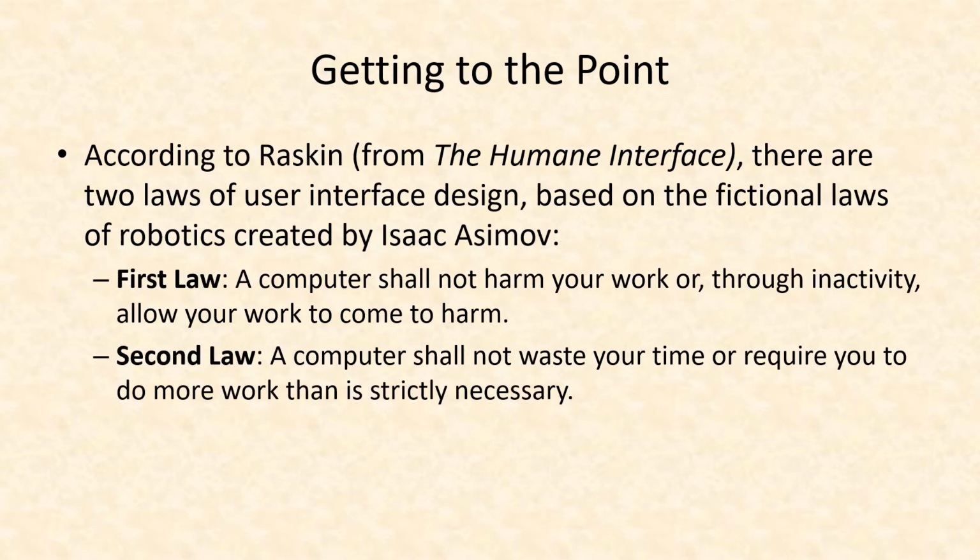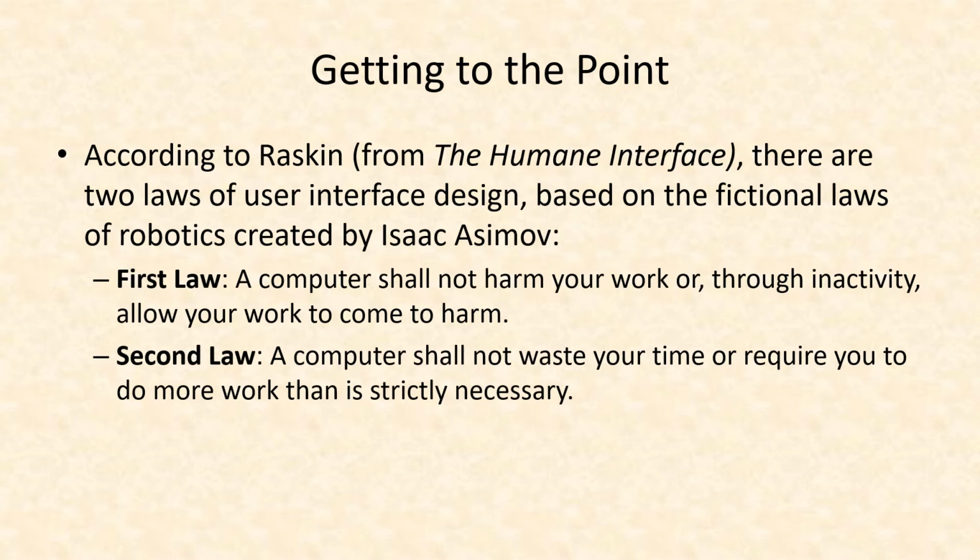Raskin, in writing The Humane Interface, looked at two laws of user interface design, and he based these on the fictional laws of robotics that were proposed by Isaac Asimov. He says the first law in creating a good interface is that a computer shall not harm your work or, through inactivity, allow your work to come to any harm.